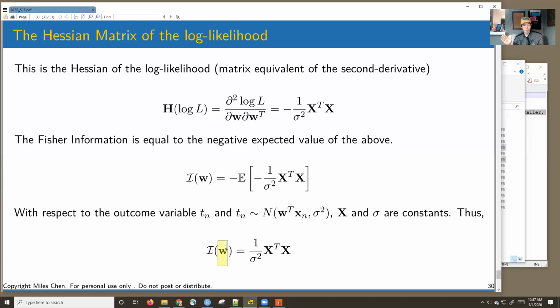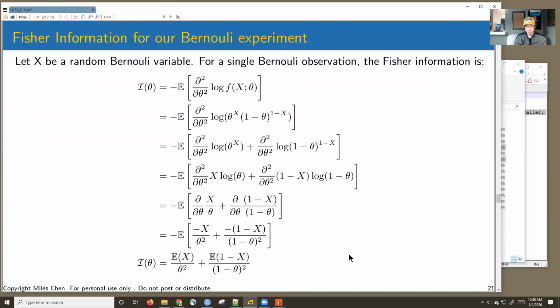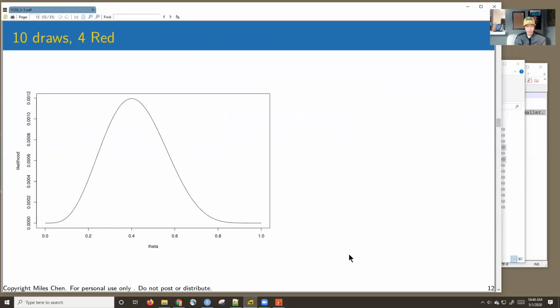So if you have a likelihood function with very high curvature, you have to think of the multivariate equivalent of having a sharp peak, right? So in the univariate case, we have this graph indicating less curvature.